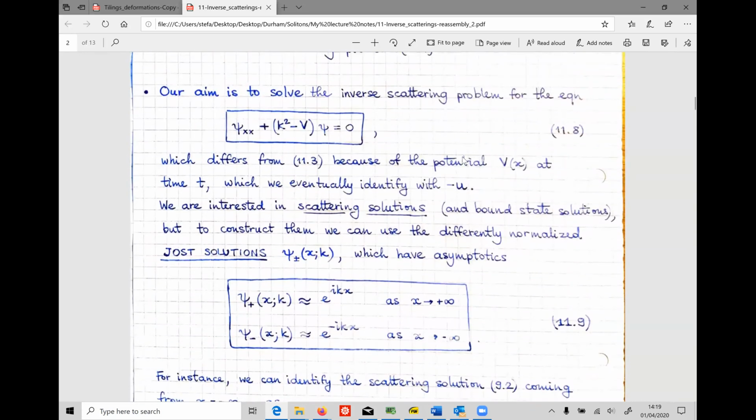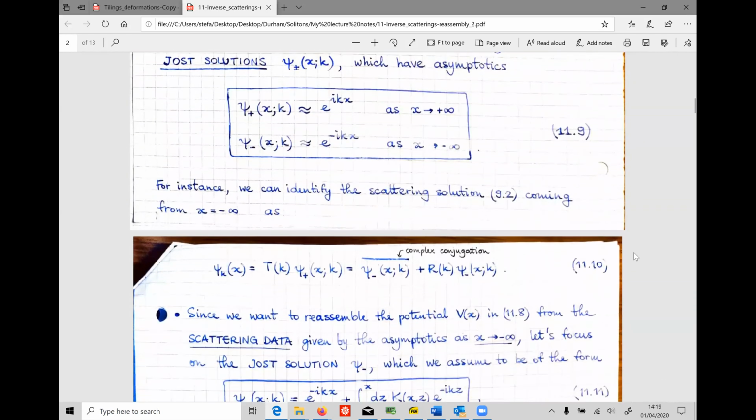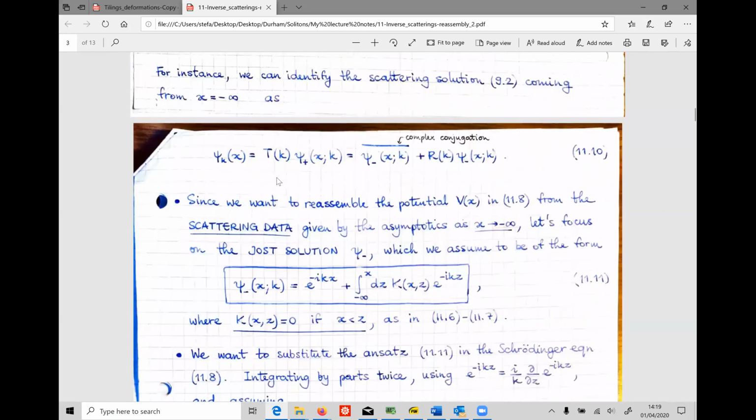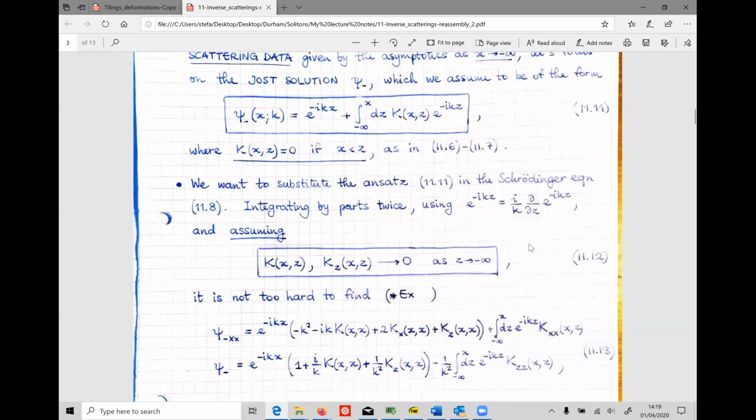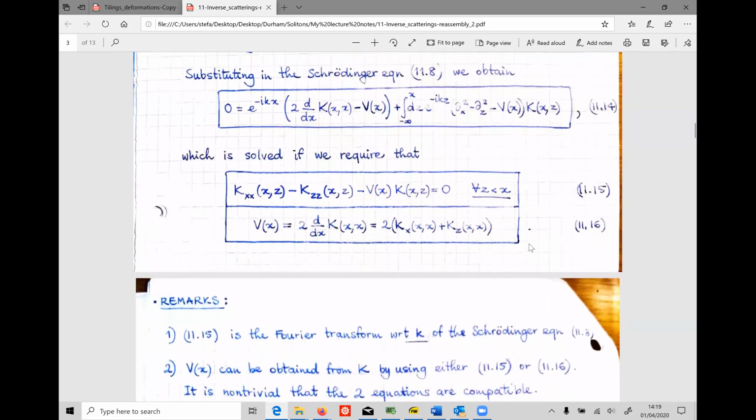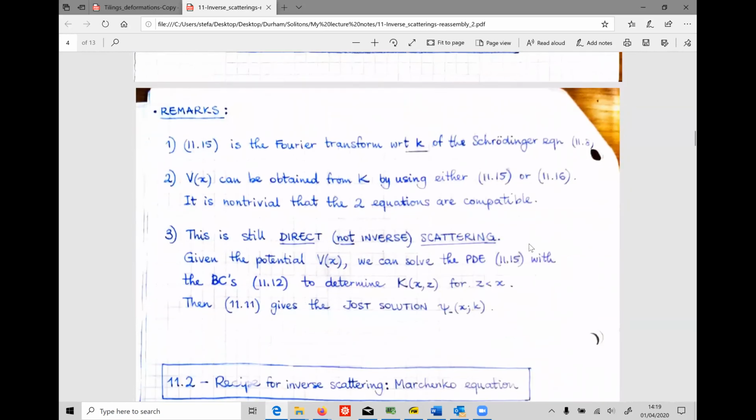11.8 with potential v. Okay, so that's still, and from that, using equation 11.10, we can obtain the scattering solution psi k. So that's still direct scattering. Given the potential, we find the general scattering solution and not just their asymptotics.